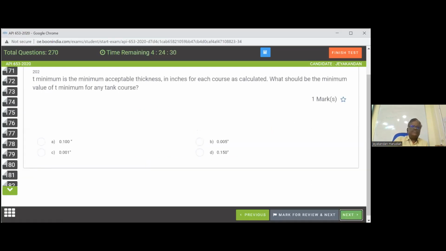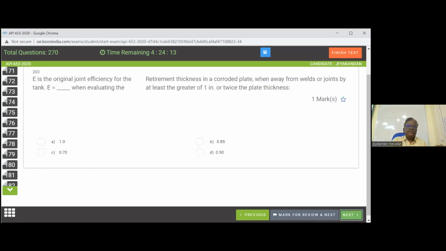Next one. t minimum is the minimum acceptable thickness in inches for each course as calculated. What should be the minimum value of t minimum? Any tank course cannot be less than 0.1 inch, 2.5 millimeter. Okay. E is the original joint efficiency for the tank.